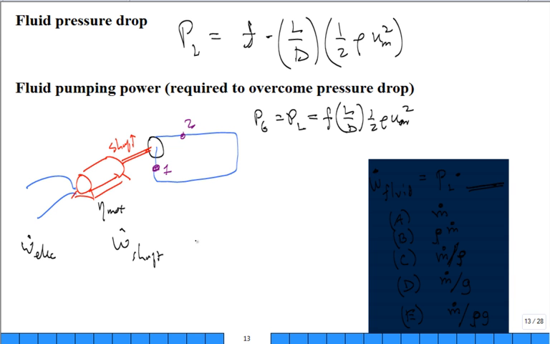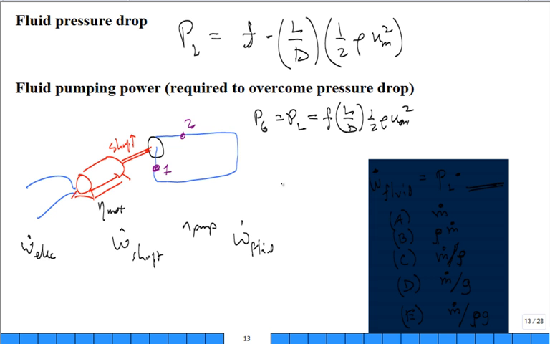Then from the shaft into the pump, we have the efficiency of the pump. Some of it gets into the fluid power. That fluid power, as the flow goes around the loop, is dissipated, and it has to get back to the pump to get that power, or the energy per unit mass, put back into it.